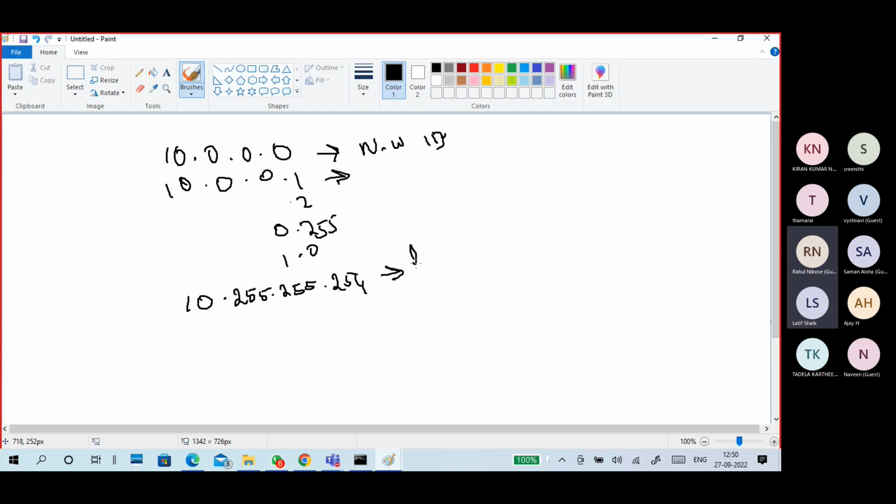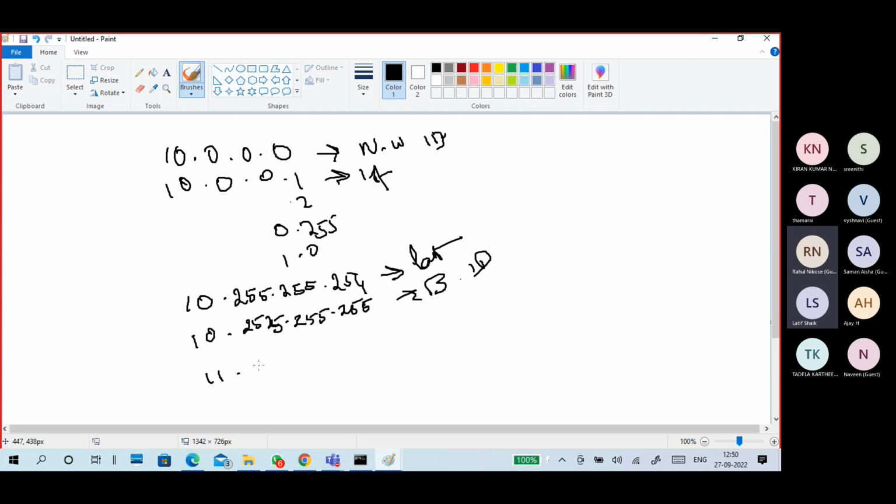This is my last one: first valid, last valid. This is the host address range. Once that is done, the original last one is nothing but the broadcast ID.